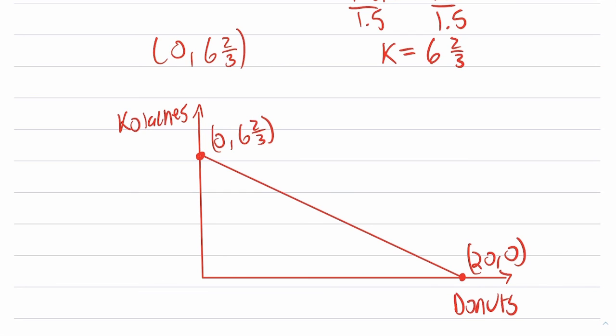And that would be the graph. So we could split some numbers. Here would be (10, 0). This would be 3 1/3.